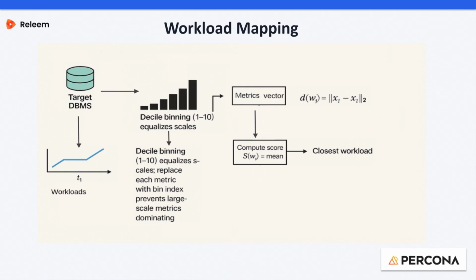It computes the Euclidean distance between the target workload's metric vector and the corresponding vector for each repository workload for each selected metric. Finally, it computes a score for each workload by averaging this distance across all metrics and chooses the workload with the lowest score, the closest to the target workload for the given observation period.